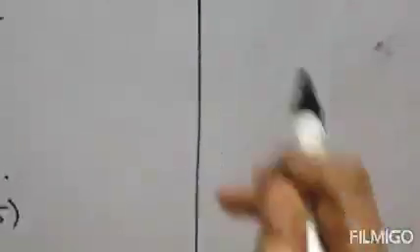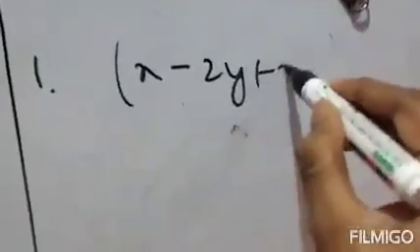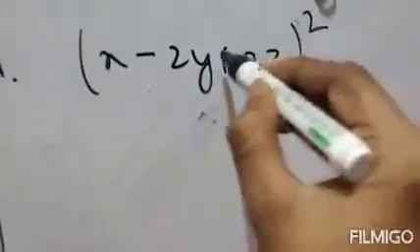So the first question from worksheet 4 is question 1, that is (x minus 2y plus 3z) whole square.